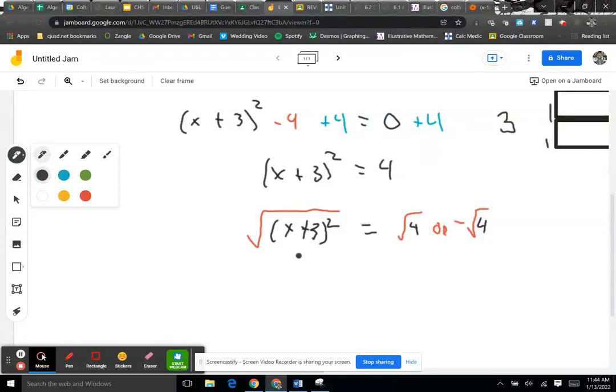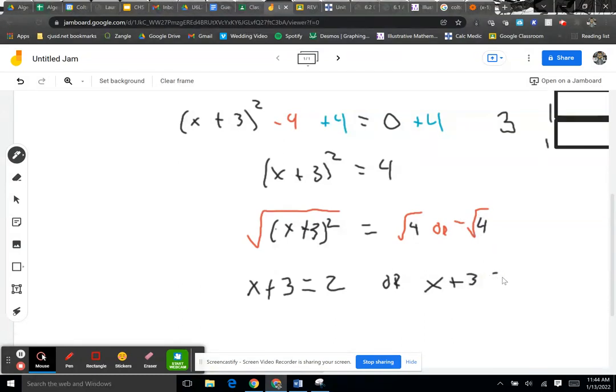All right, and let's split this up. So we're going to have, well, the square root of x plus 3 squared is just x plus 3. And that's going to equal the square root of 4, which is 2. Or our other option is that this x plus 3 squared being square rooted, again, that's x plus 3, is equal to negative square root of 4, which is negative 2.